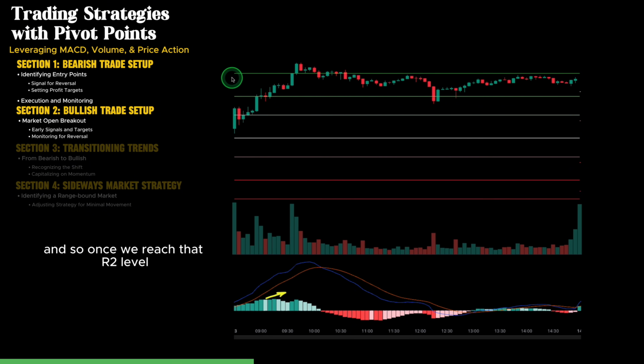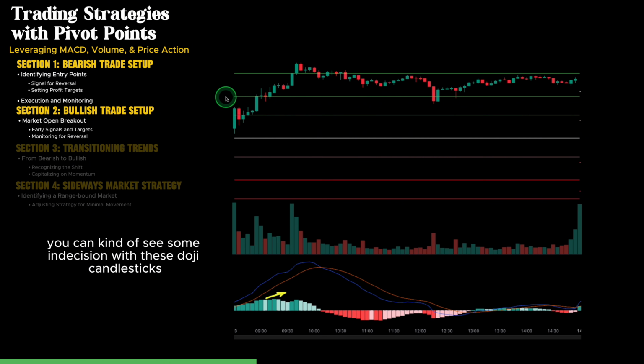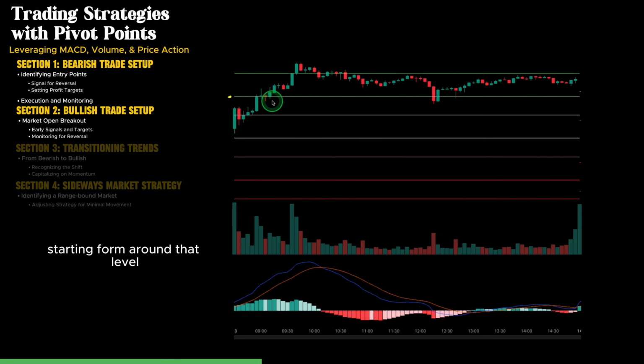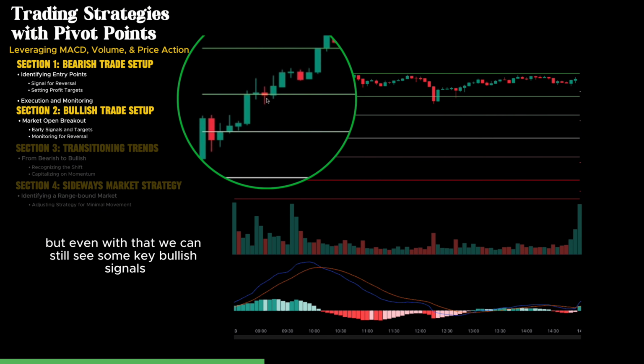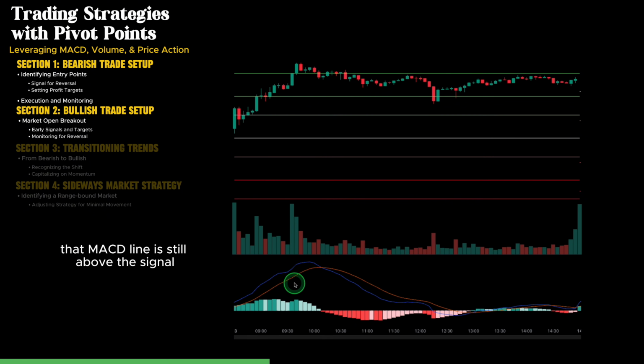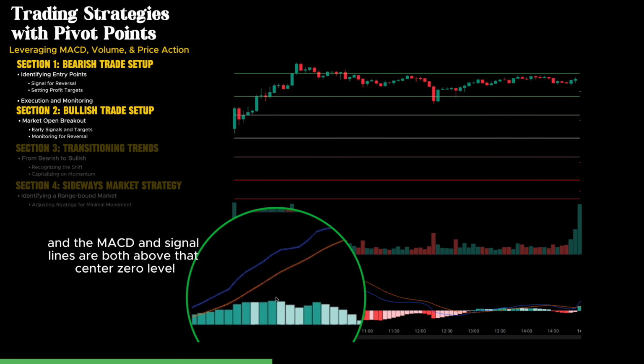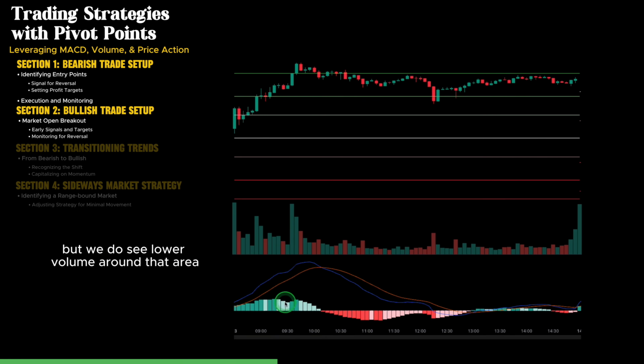Once we reach that R2 level, you can see some indecision with doji candlesticks starting to form around that level. But even with that, we can still see some key bullish signals. That MACD line is still above the signal, and the MACD and signal lines are both above that center zero level. But we do see lower volume around that area until we reach the final target, R3.